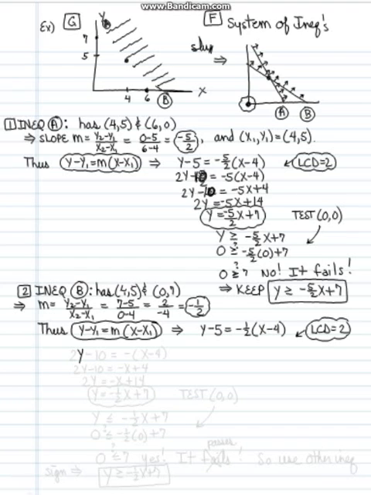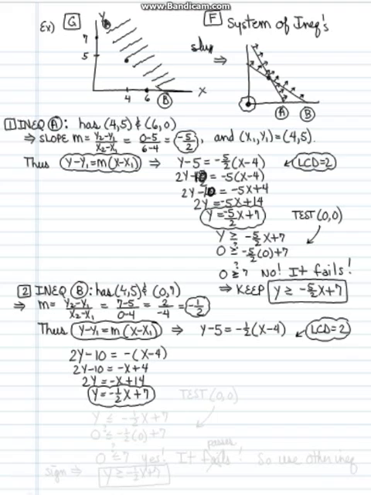We get 2y minus 10 equals negative 1 times x minus 4. Get rid of the parentheses. 2y minus 10 equals negative x plus 4. Move the 10 over. 2y equals negative x plus 14. Divide everything by 2. y equals negative 1/2 times x plus 7. Okay, so that's our equation related to the graph.